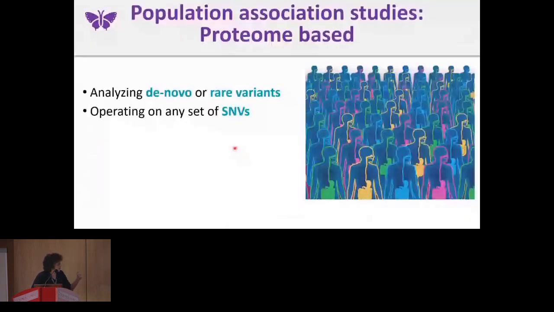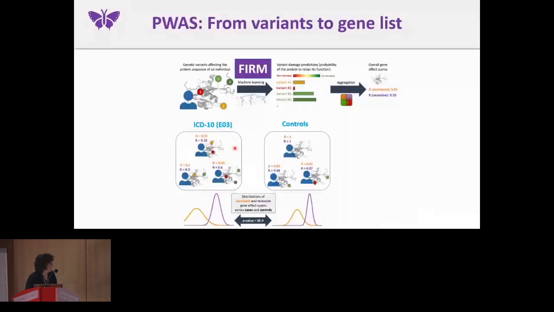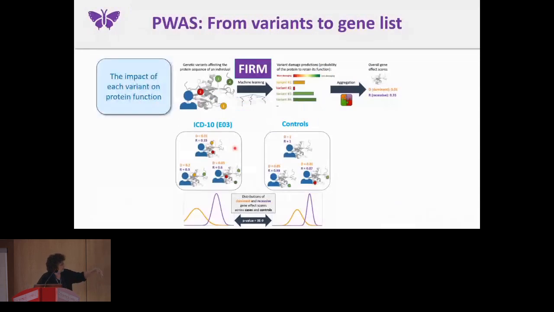We can operate on any SNP. We are using machine learning in our method, and we are using FIRM as a variant interpretation method. So let me explain, what's FIRM? This is the outline of what I'm going to show you. We first decide what's the impact of each variant on the protein function, not pathology, nothing, just biochemistry.